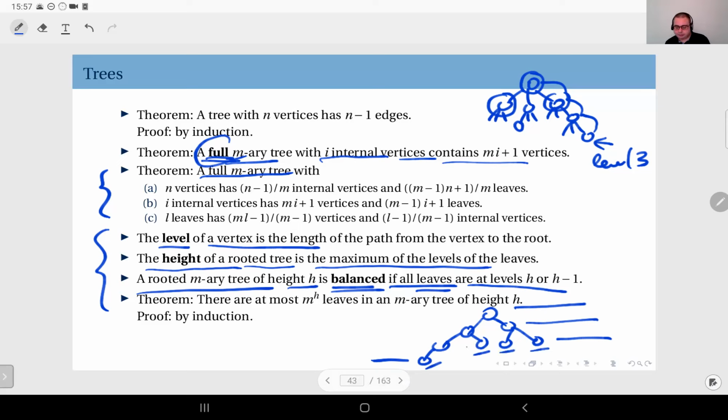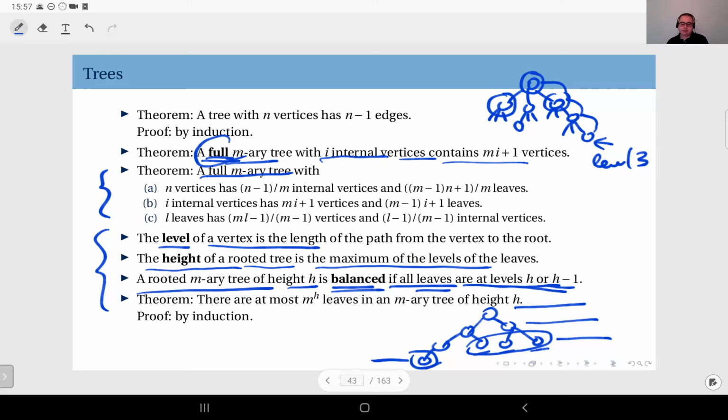And the level of these is 2. The level of this one is 3. Okay, which satisfies the definition. All leaves are at levels h or h minus 1 because this is a tree with height 3. Okay, so this is a balanced tree.